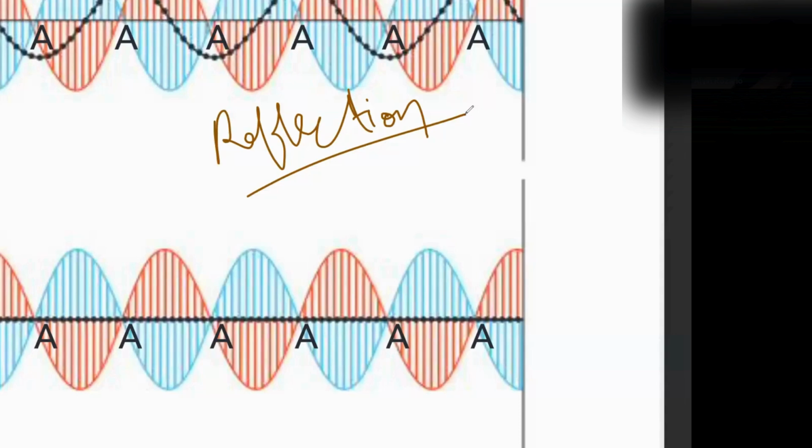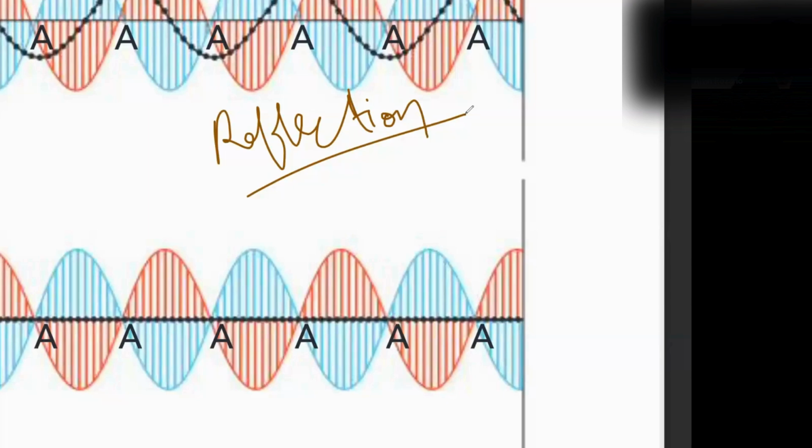But reflection has a theory attached to it. In terms of light, there are two rules of reflection: angle of incidence equals angle of reflection, and the incident ray, reflected ray, and normal all lie in the same plane. But in terms of waves, there is a rule that after reflection there will be a phase difference of 180 degrees, pi.